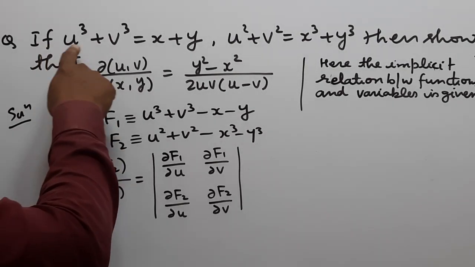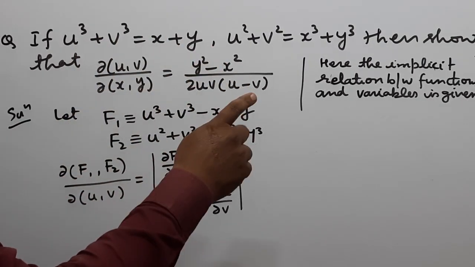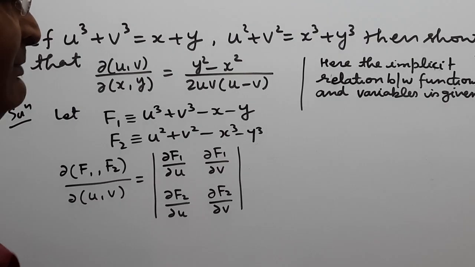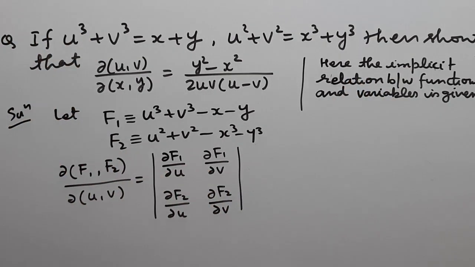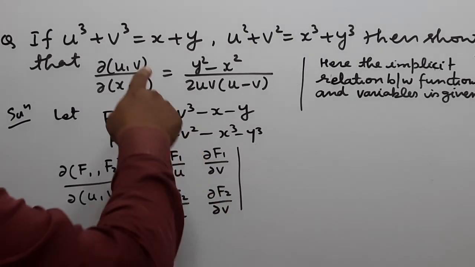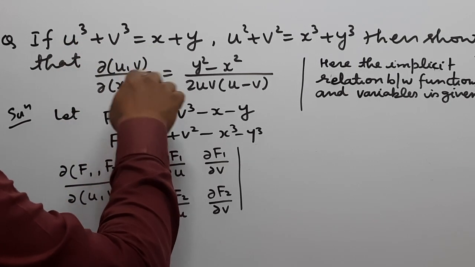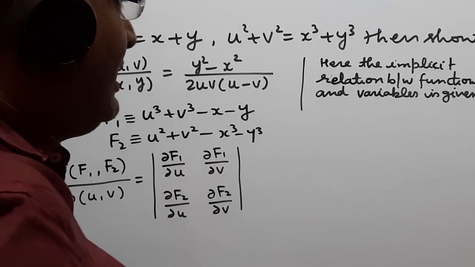Here in this problem the implicit relation between functions and variables is given. Implicit relation means that functions and variables cannot be separated. Here you know that the function u cannot be expressed in terms of the variables x and y.